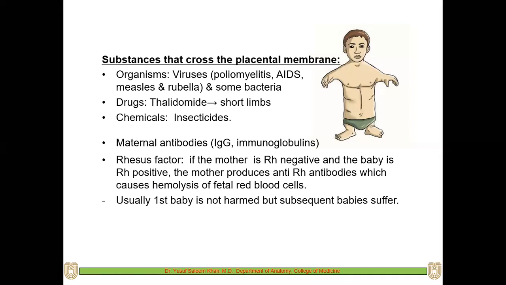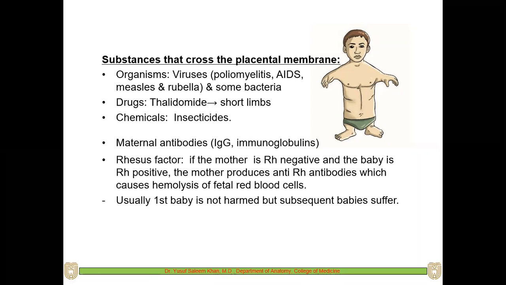Doctor, I have a question. Yeah, sure. The RH factor, is it 100% that the first baby will not be affected, or can the first baby be affected? Usually in the first pregnancy, it is rarely seen. Maybe in some cases, but for the antibodies to be produced, the blood has to cross.